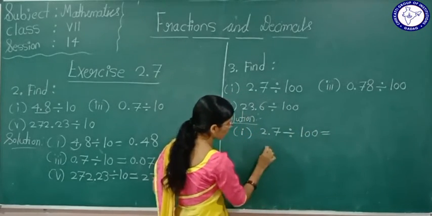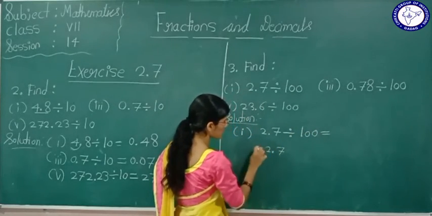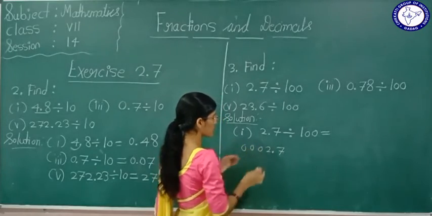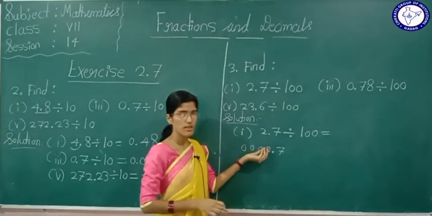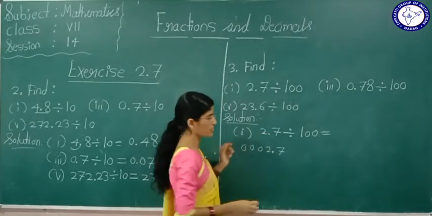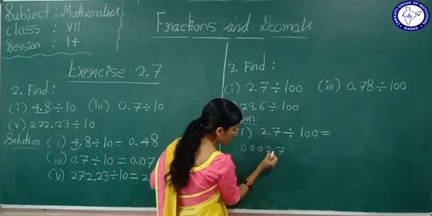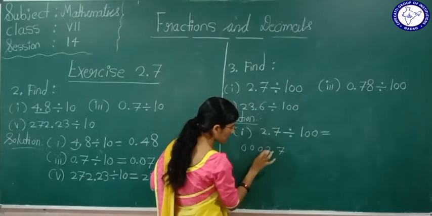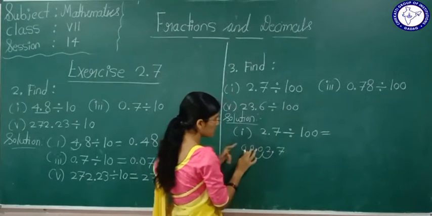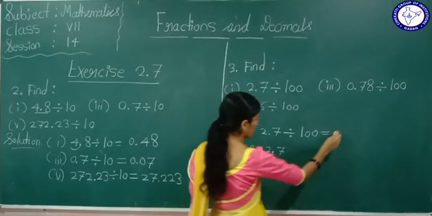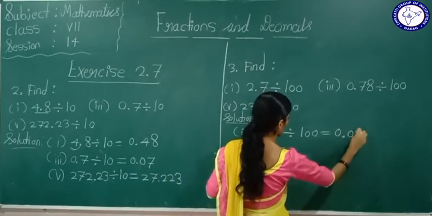Now see, 2.7 is there, no students? 00000 2.7. It is the same as 2.7 only. Here 100 is there, 2 zeros are there, no? Shift this decimal point to the left by 2 places. 1, 2. What will it be? 0.027.